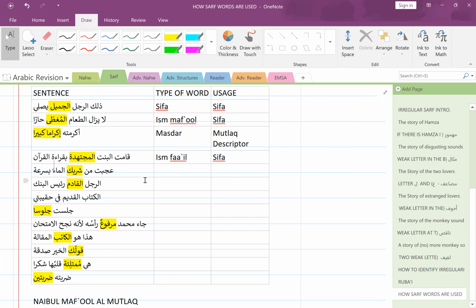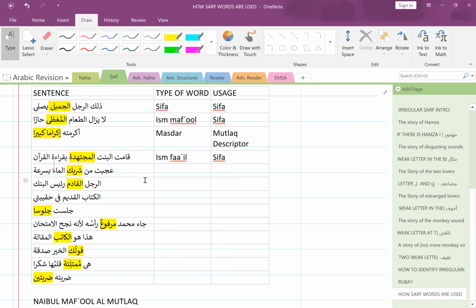Sorry, can you please repeat the second part which you said? So if you take it as a mudaf ilayh, remember you have to translate it as of, something of. So in that sense, you have to translate it as a masdar, as an idea. So you will translate it as recitation of the Quran.